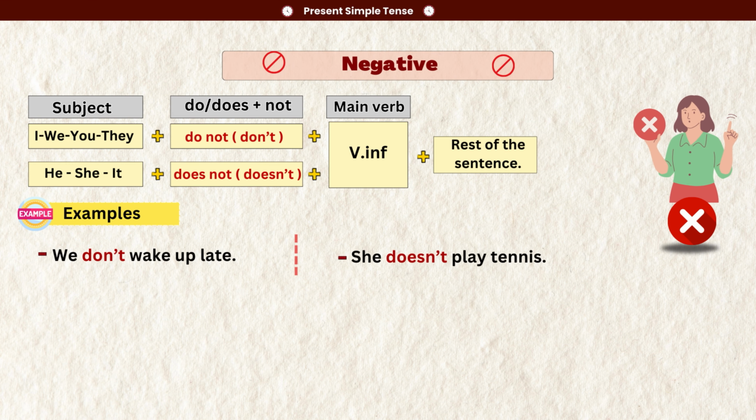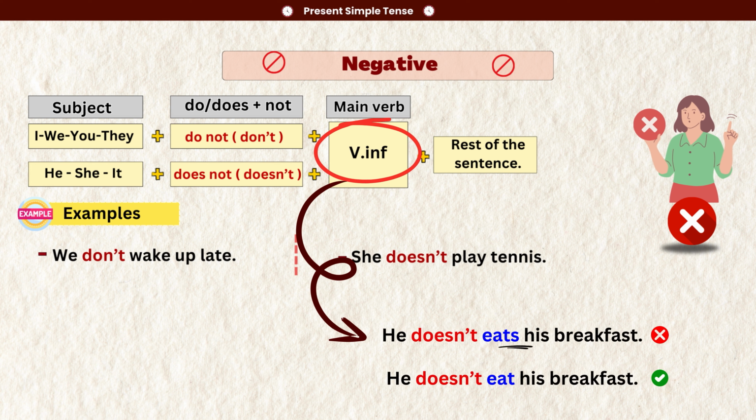Remember that after don't or doesn't, the verb is always in the infinitive, which means we don't add anything to the verb.